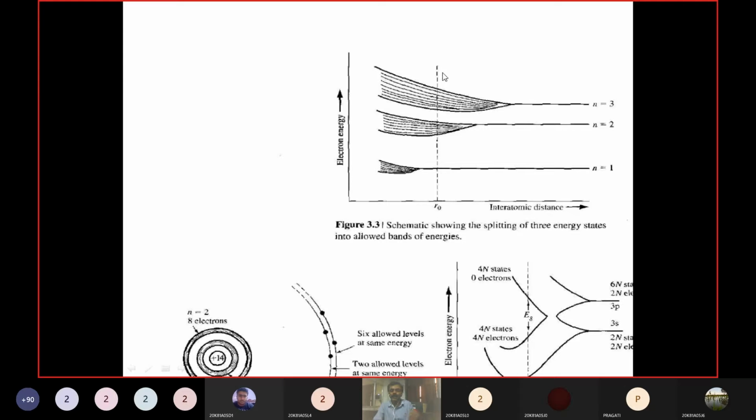Those electrons we call conduction electrons. Free electrons are also called conduction electrons. The energy level of these electrons we call the conduction band. So this is the band theory of solids: the valency band and the conduction band.